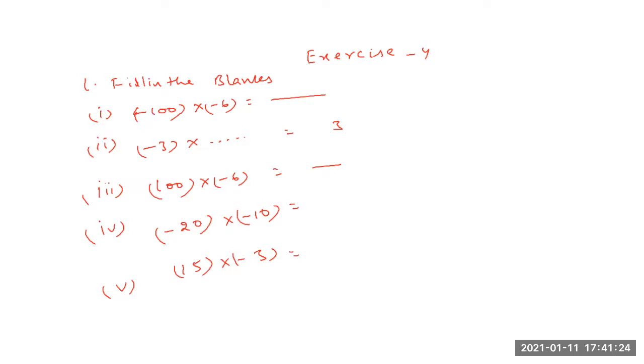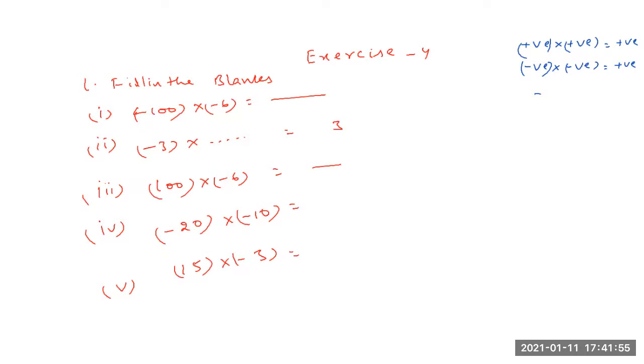So as already we discussed in previous videos, a positive integer into positive integer, and a negative integer into negative integer gets a positive integer. So two same signs numbers, negative into negative, positive into positive, you get positive.